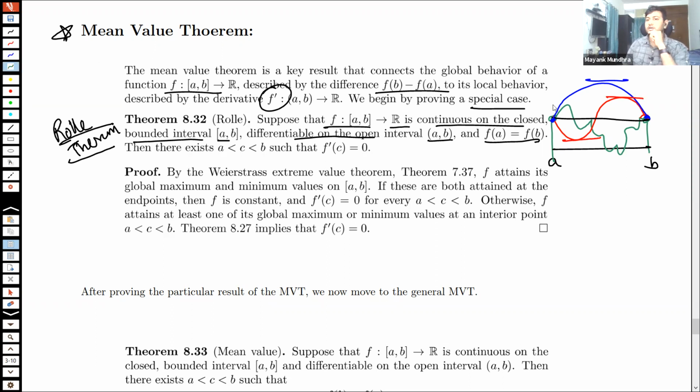In the green curve, you have a lot of points where f prime is 0. It's differentiable, so I have drawn it pointed, but it should not be pointed. And in the black curve, every point has f prime 0. This is a constant function, so every point satisfies Rolle's result.